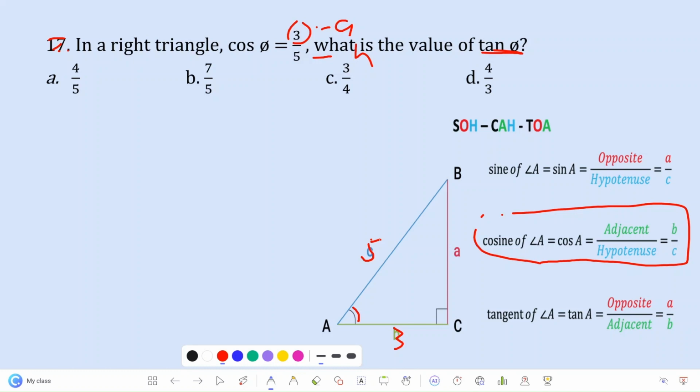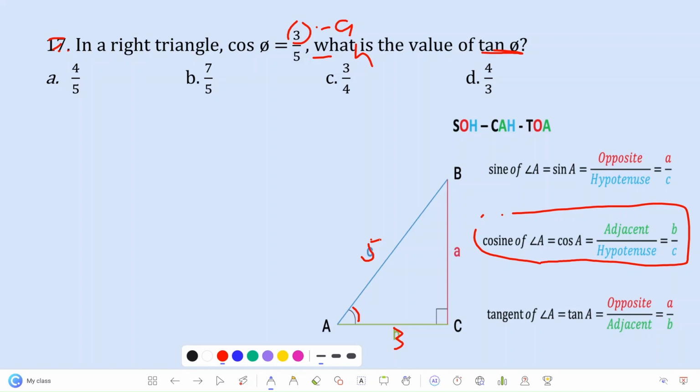At ang gagamitin mo dito para makuha mo ang the other side, or the opposite, is the Pythagorean theorem. Pero in the last video, tinuro ko po sa inyo ang Pythagorean triples na kapag given ang dalawang sides ng right triangle, o isang side at ang hypotenuse, ay constant na po yun.